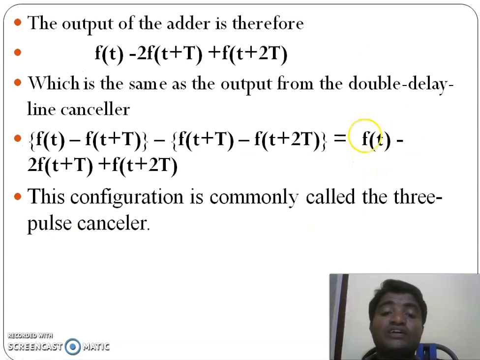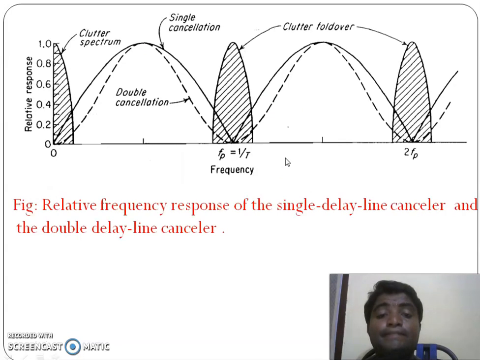The output of the double delay line canceller is given by f of t minus 2 f of t plus t plus f of t plus 2t, and the same response is obtained with the 3 pulse canceller. By observing the frequency response of a single delay line canceller and double delay line canceller, you can get the basic understanding.